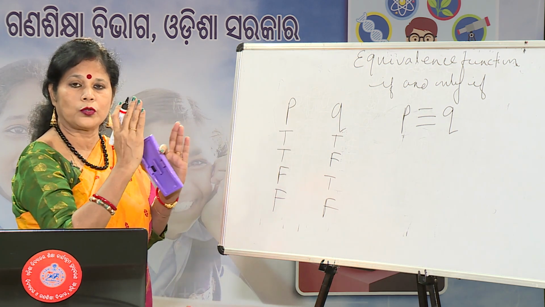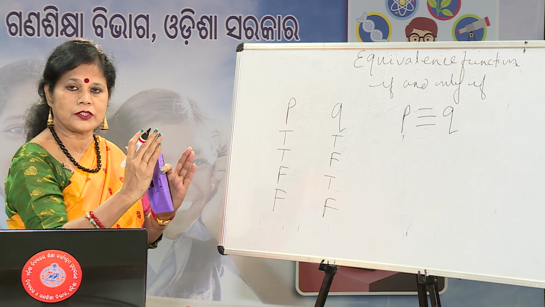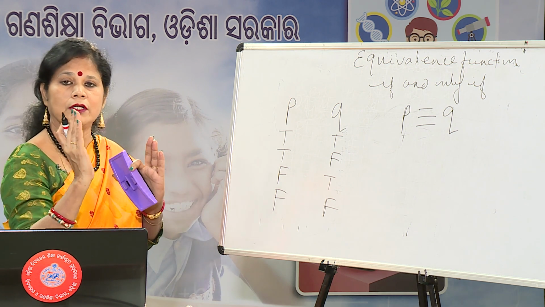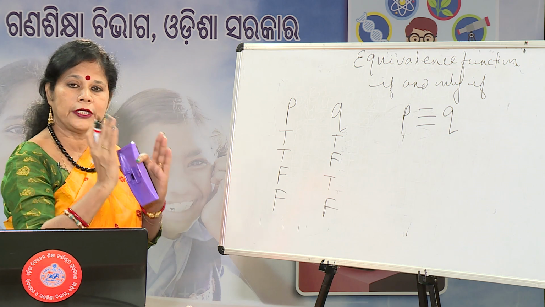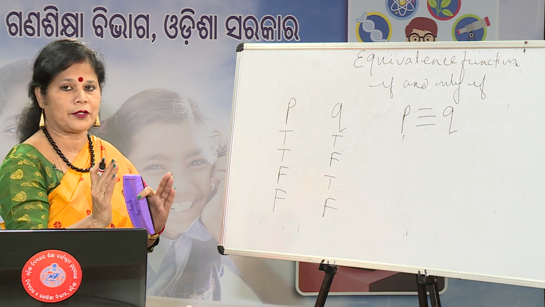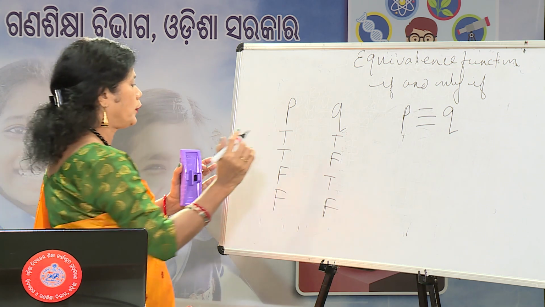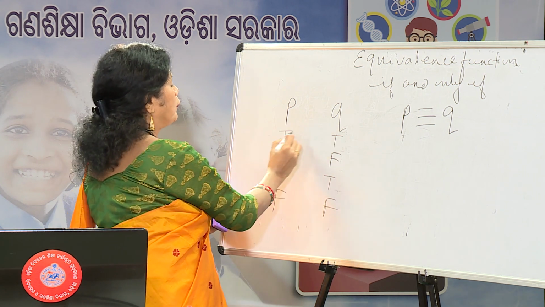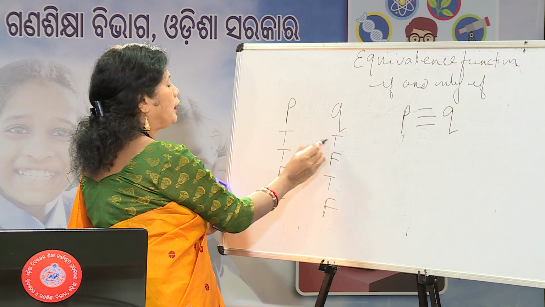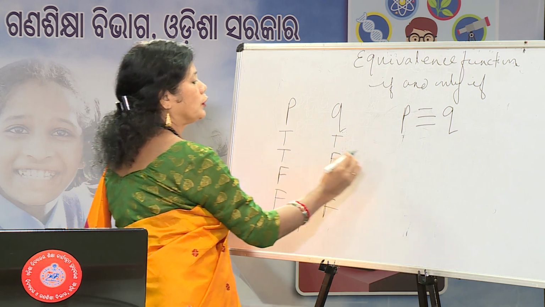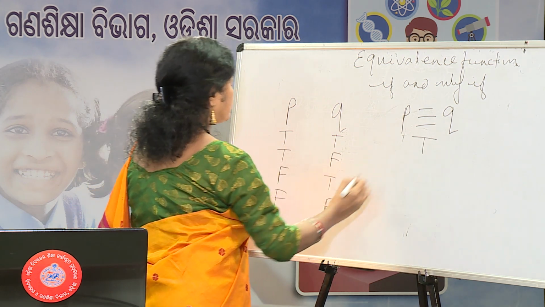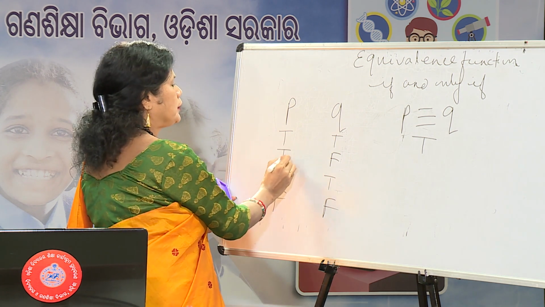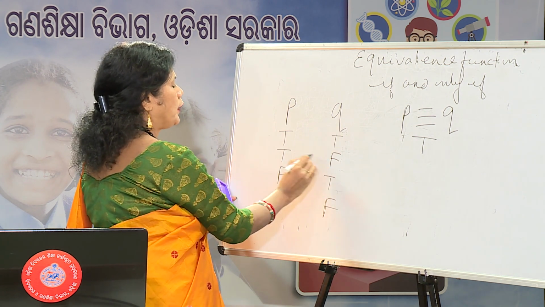If the truth values of both are same then the equivalent function will be true. If they are unequal, the equivalent function will be false. Okay, so here you see both p and q are true. So truth value of both is same. Both are true, so this will be true. Here one is t, another is f. One is true, another is false.